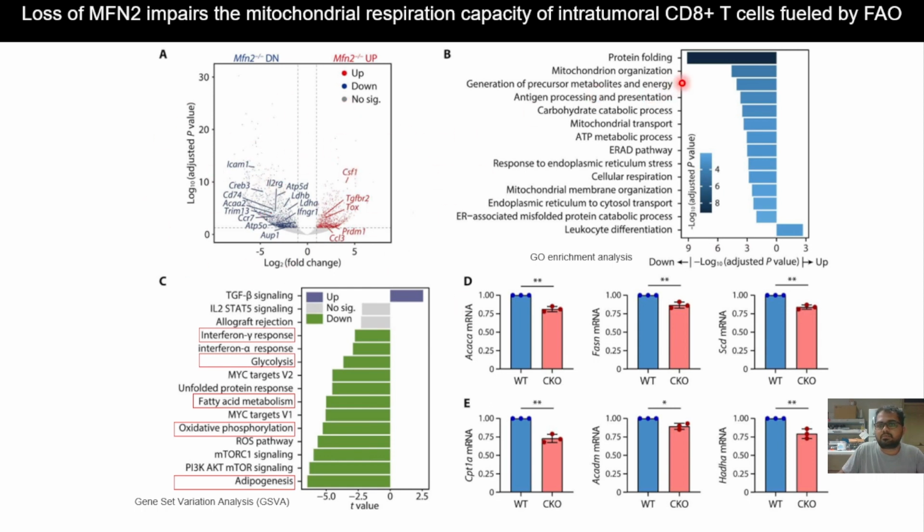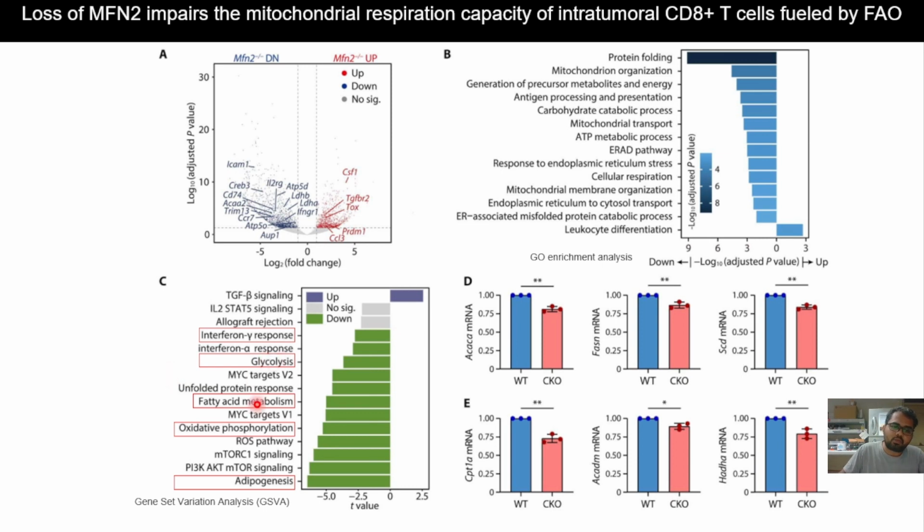They found that genes related to mitochondrial organization, generation of precursor metabolites and energy, and antigen processing and presentation are altered. They found a downregulation of interferon gamma response, which we have seen, as effector function goes down in MFN2 knockout CD8 T cells.